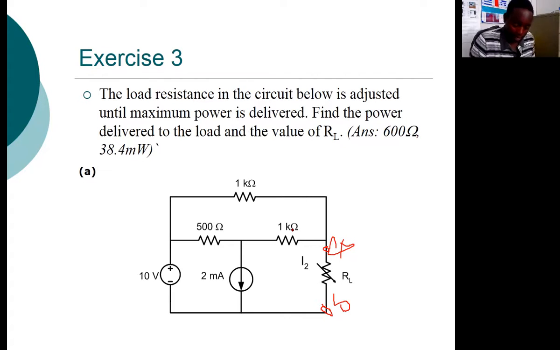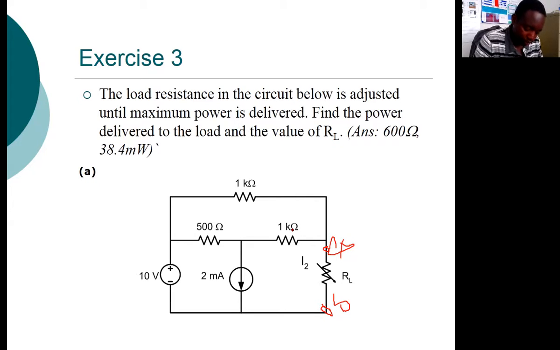So I was saying the current is flowing out of the source. There's no branching. It follows the path here. At this point, it branches into I1 and I2. And then I1 is also flowing through 1 kilo. So the first thing that we have to do is find I1 and I2.